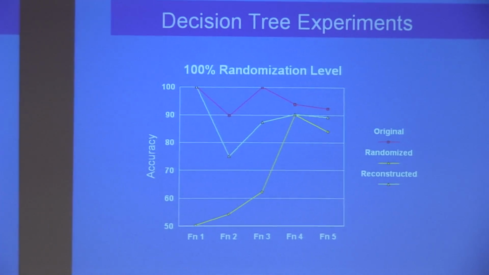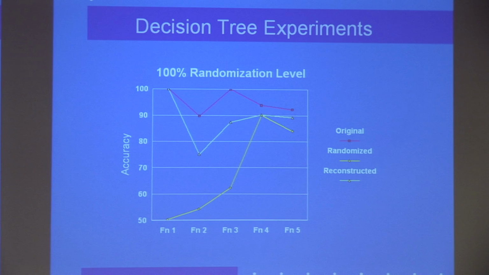The red line is the accuracy of a decision tree learned using ID3 on the original data. The yellow line is a decision tree learned from the randomized data. You can see we do a very poor job some of the time. But when we do this reconstruction of the distribution, we're able to do much better.